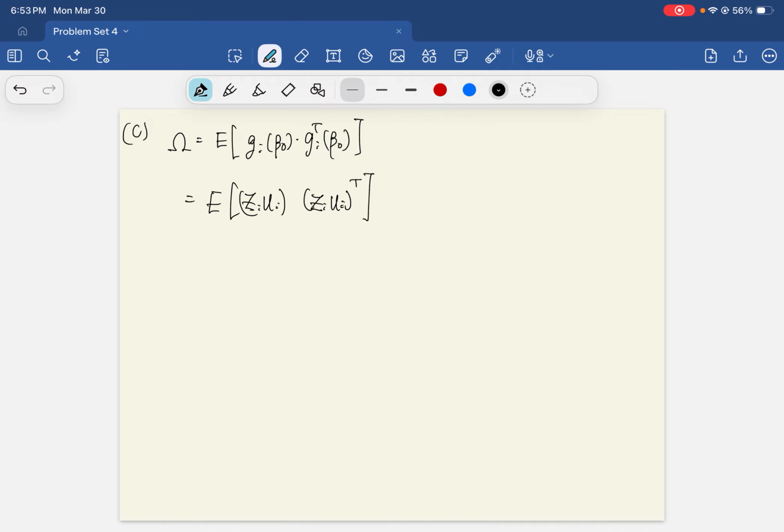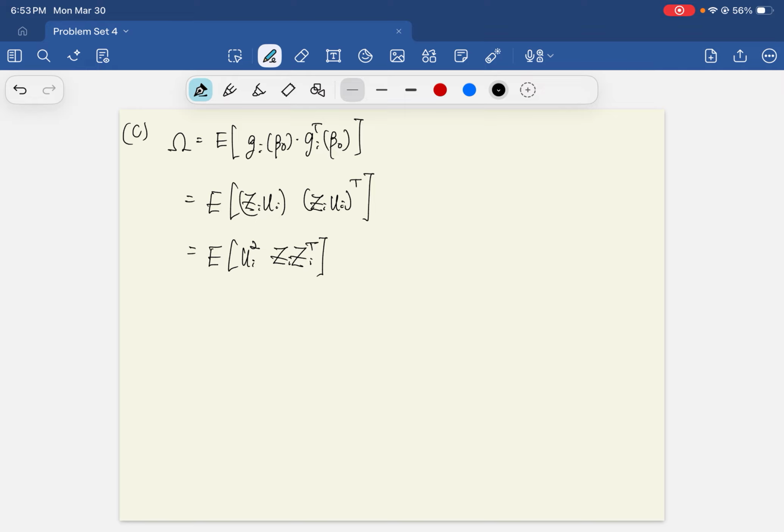You must be familiar with this simple plug-in. Then we are going to write it as the expectation of u_i squared z_i z_i transpose. There is nothing more we can do in general.